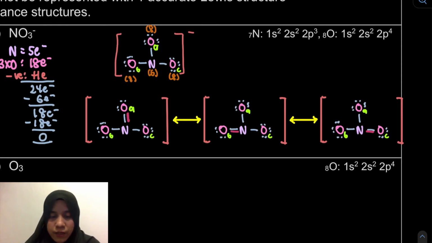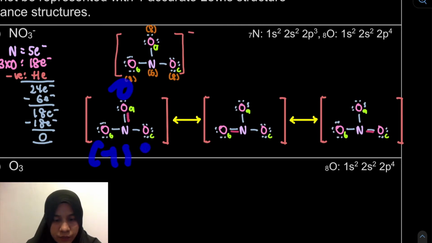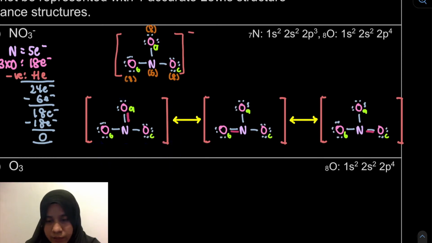Dekat sini oksigen A ni yang jadi 0, negative 1, negative 1. Ni negative 1, negative 1, 0. Ni yang jadi 0, negative 1, negative 1. So, sama sahajalah.